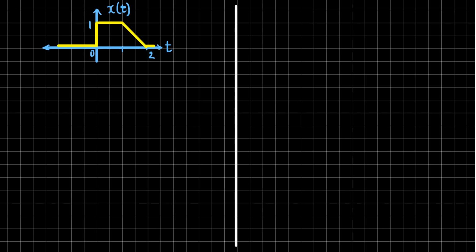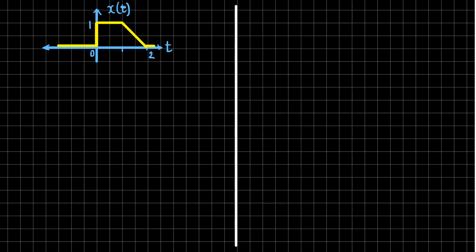For example, when we are working on electronic circuits, especially amplifier circuits, it simply amplifies the signal. The amplification means it will simply scale the amplitude of the signal.